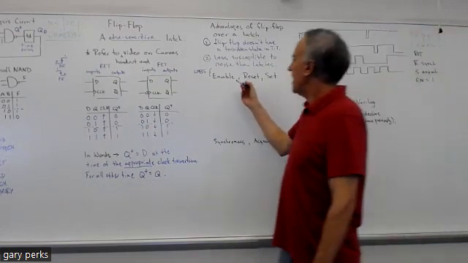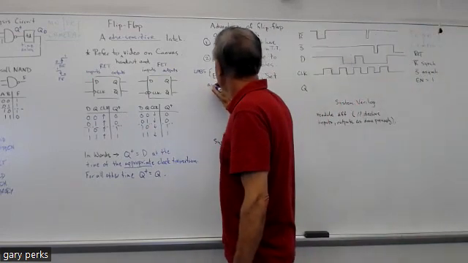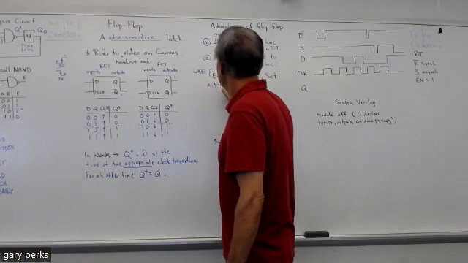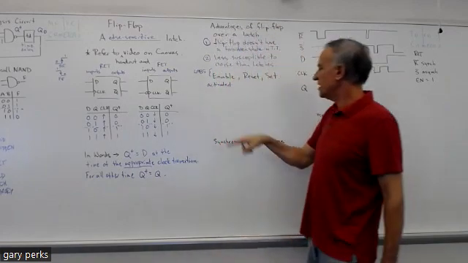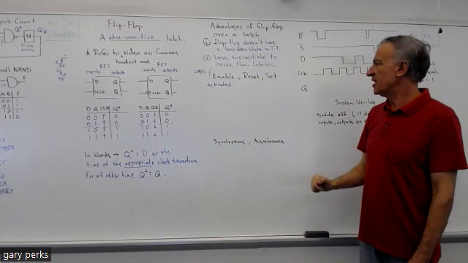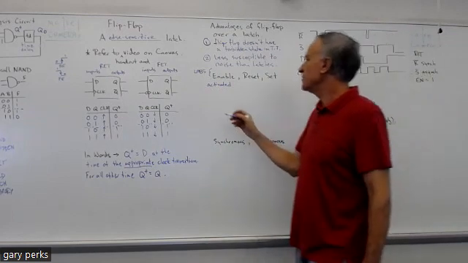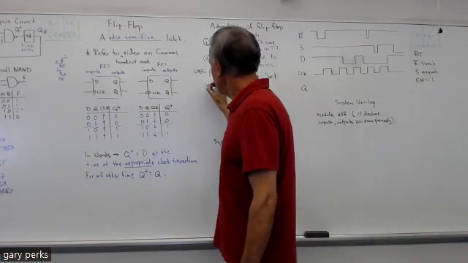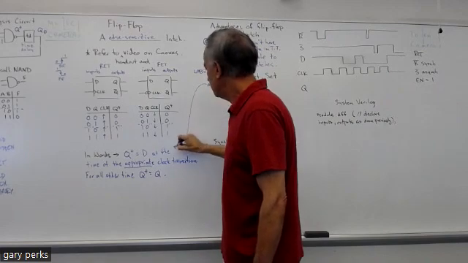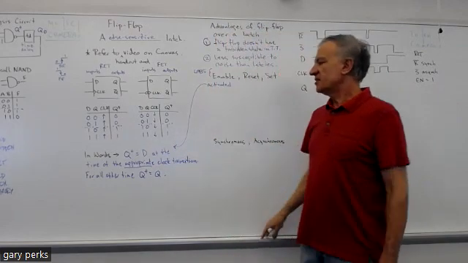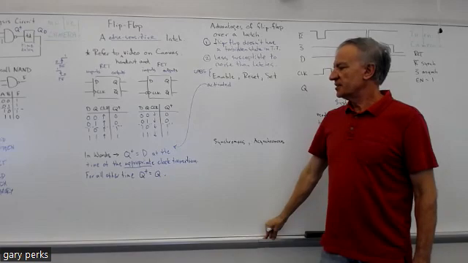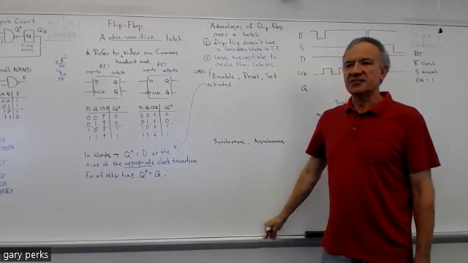And when the enable is activated, and I'm going to explain what's meant by activated coming up shortly, next data Q will equal the D input at the appropriate clock transition.